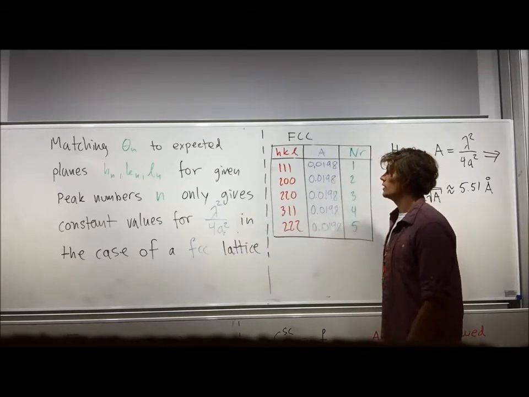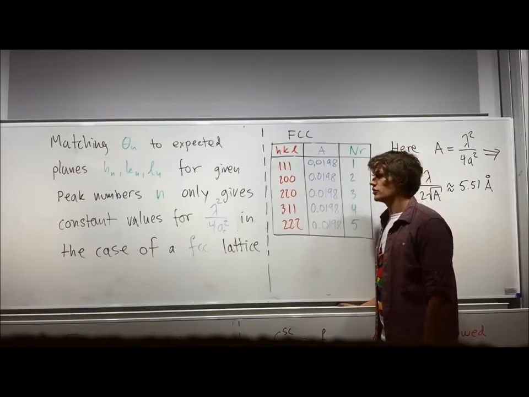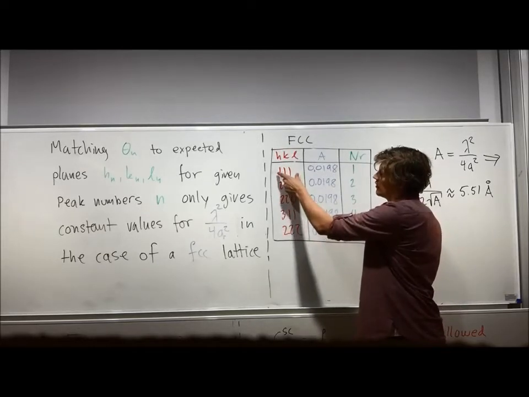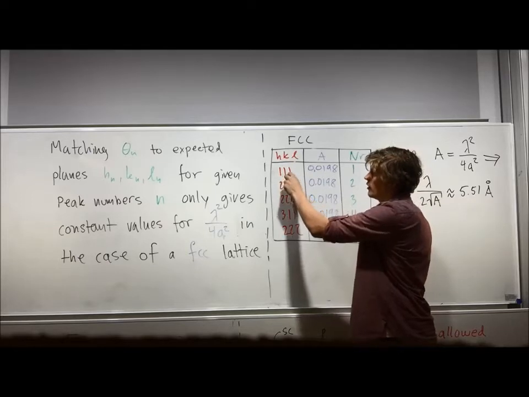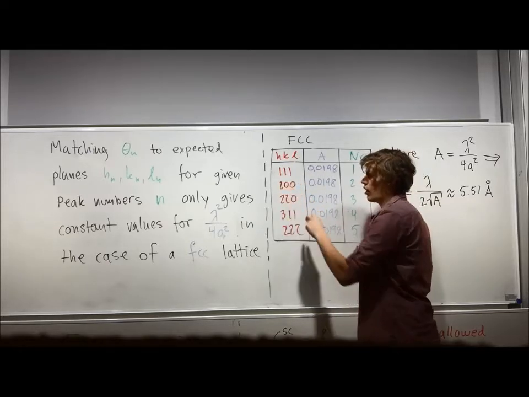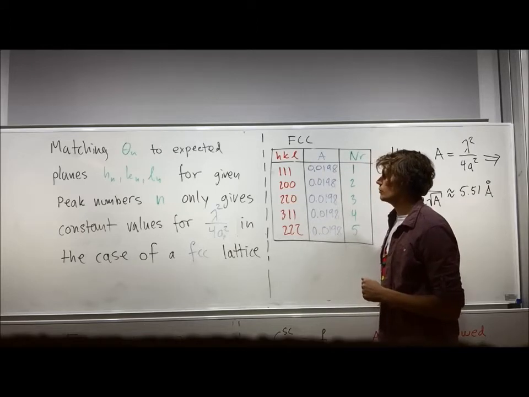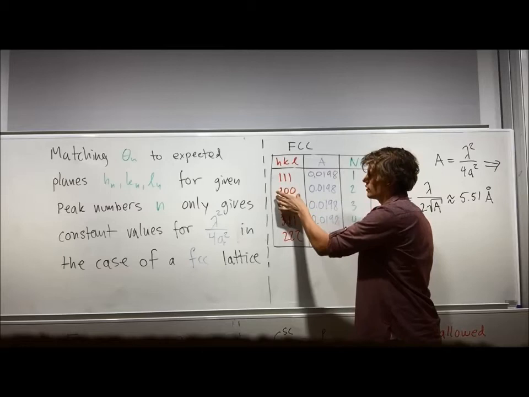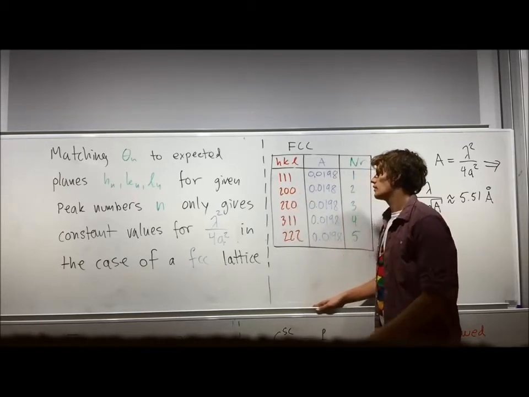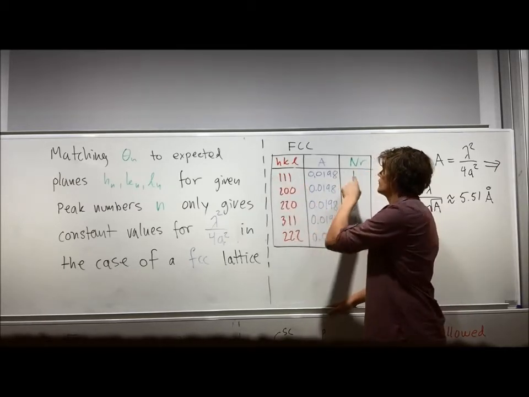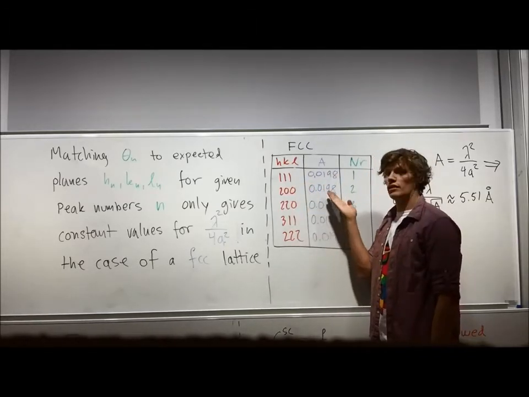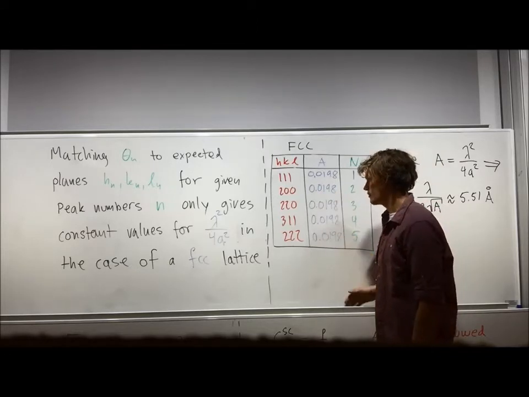So you can do the BCC and the simple cubic lattice yourself if you want, and check that for the first valid numbers. Here you can see that these peaks are only where H, K, and L are all even or all odd. In the BCC case, it would be possible to have other planes that could scatter the light, meaning that you get different numbers corresponding to other planes, which will yield a non-constant value for these.